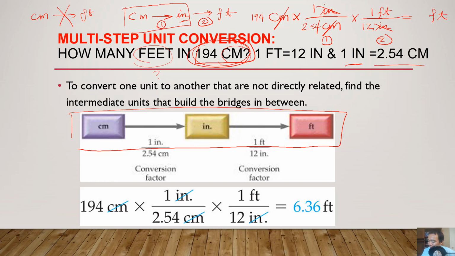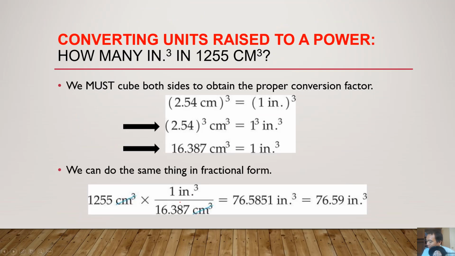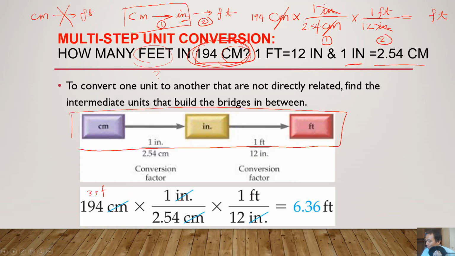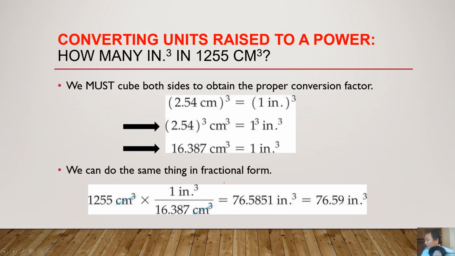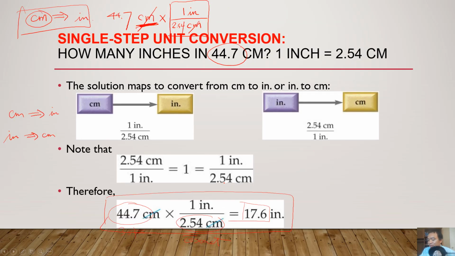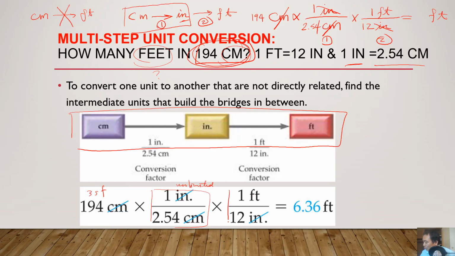Do you remember that 194 is 3 sig figs, and you look at that, that's exact. That's unlimited, by definition. Similarly, that's also unlimited. 1 feet is 12 inches, no more, no less. So that's why it's not 2 sig figs that you keep. It's 3 sig figs that you keep.